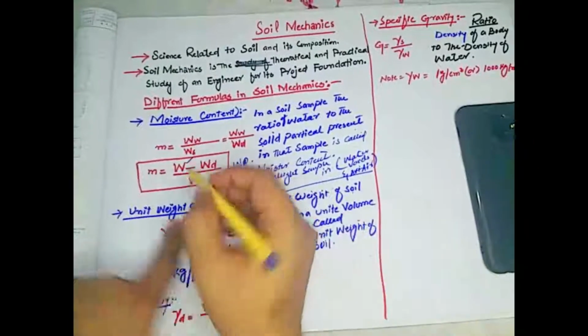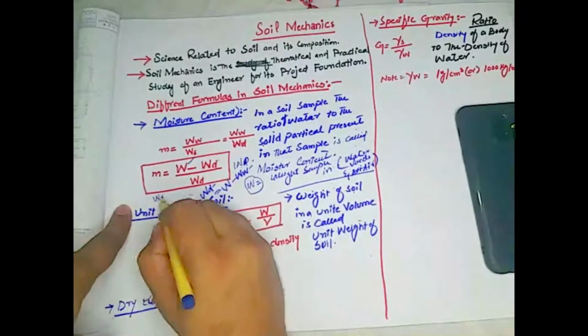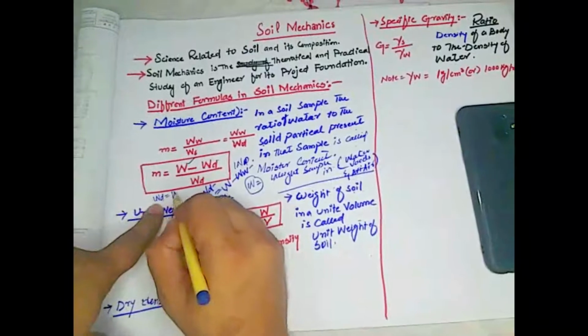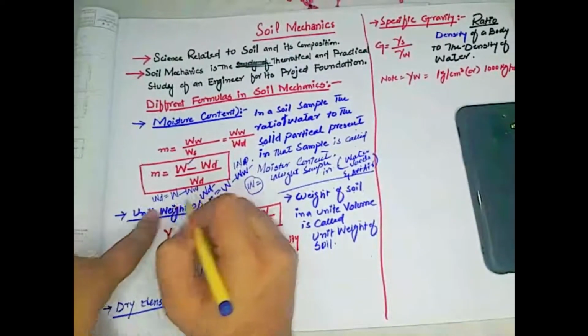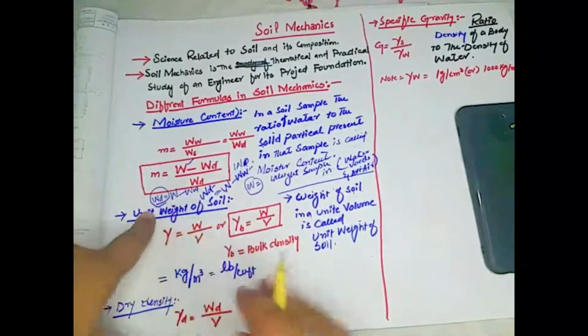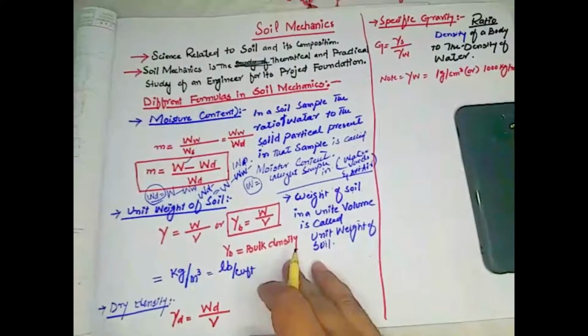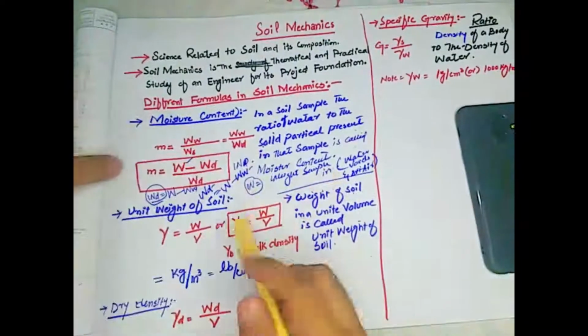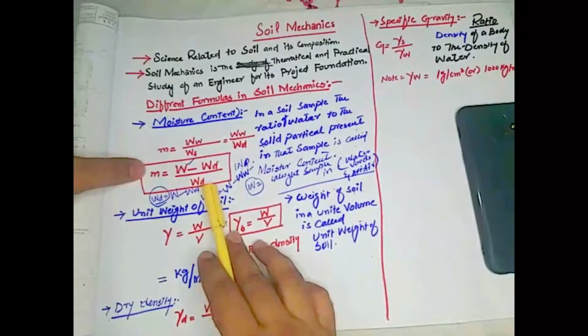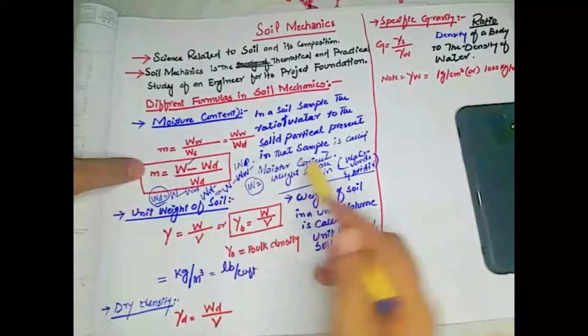So the dry weight is equal to total weight of a sample minus total weight of water. So this is the formula for moisture content as a percentage.